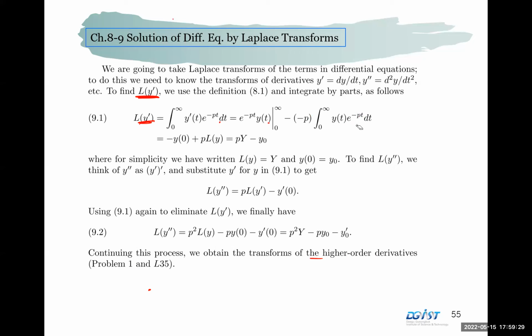So you can rewrite this one in this form. At infinity, this term goes to 0, and if y(t) is not divergent at infinity, it must disappear. And when t is 0, this is just 1, and this is y0.